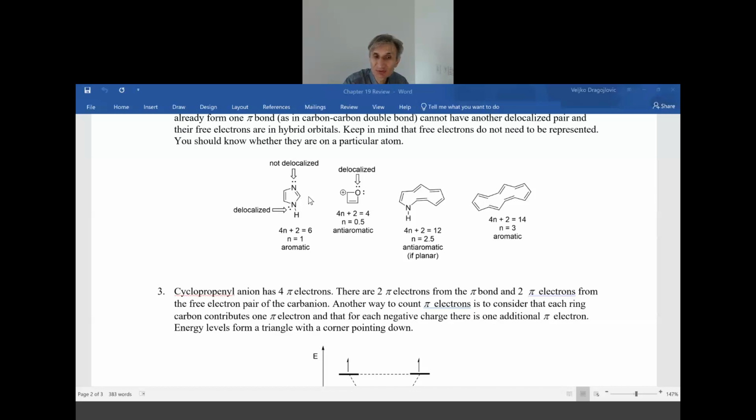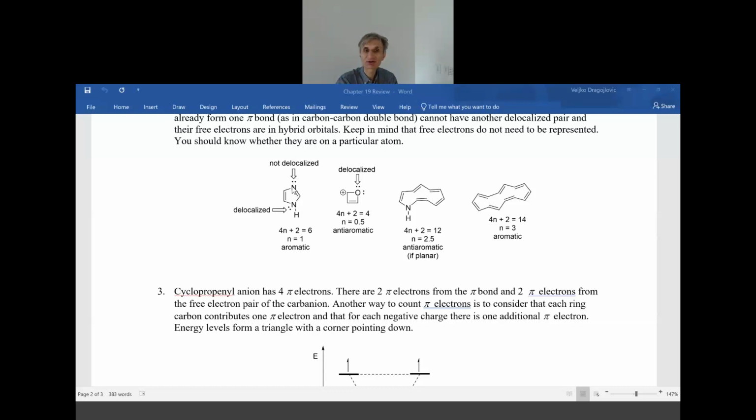It could have only one atomic unhybridized p orbital, because by forming a double bond, it's sp2 hybridized. And so there is only one unhybridized p orbital left after hybridization, and that one has been used up for formation of the double bond. That means that free electron pair is in a hybrid sp2 orbital and cannot be delocalized.